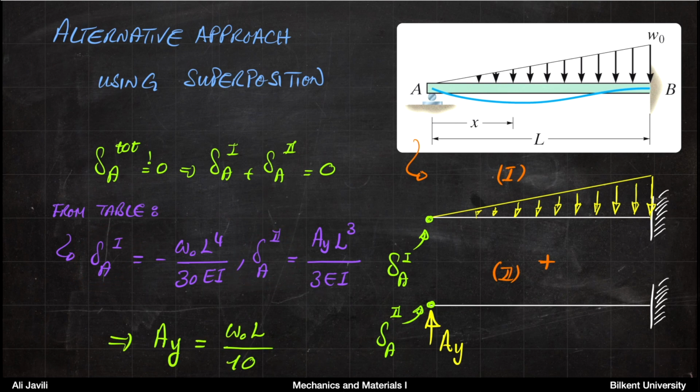And all you have to do is to then insert these into the equation here, and from that compatibility, you can calculate Ay, which is exactly what we calculated previously using our classical approach. So as you can see, if you use the method of superposition carefully, the solution procedure is more compact, especially if you use it in conjunction with the tables in Appendix C of the book.